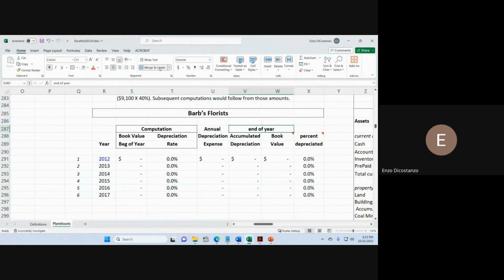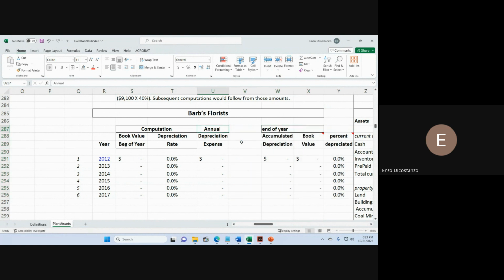So what we did, we sort of collapsed that a bit, and we took this and cut it across.